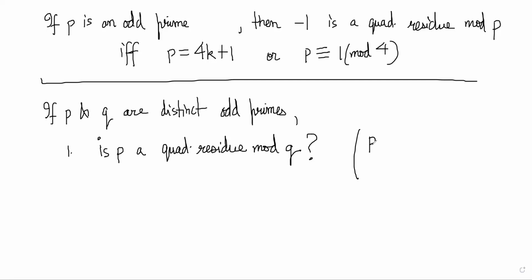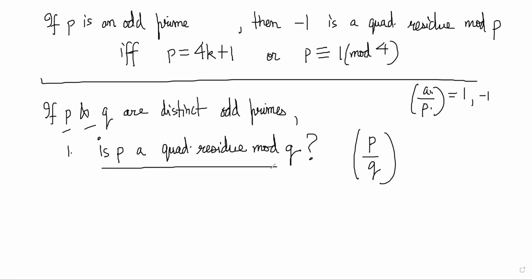So we are trying to find out the Legendre symbol P over Q, right? P and Q are distinct odd primes, so obviously this fits the definition of the Legendre symbol. Remember, Legendre symbol was A over P, where A and P were relatively prime to each other, right? This would be 1 if A is a quadratic residue and -1 if it is not a quadratic residue mod P. We are just saying instead of A we have P, instead of P we have Q. So is P a quadratic residue mod Q?